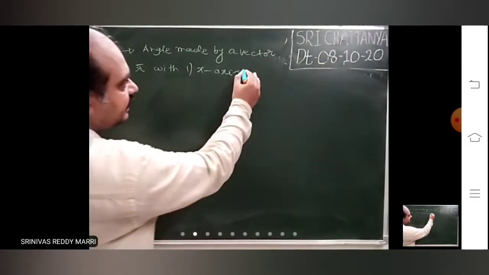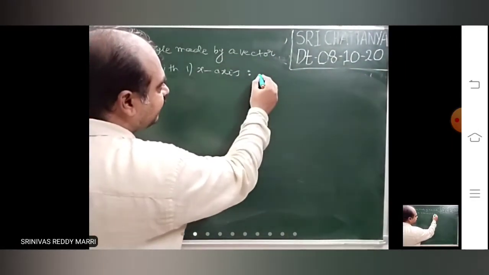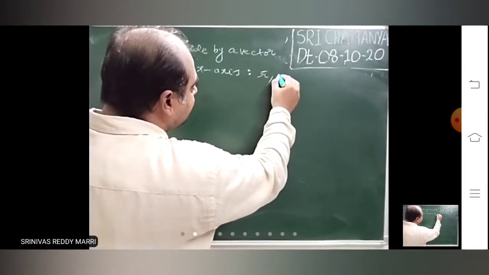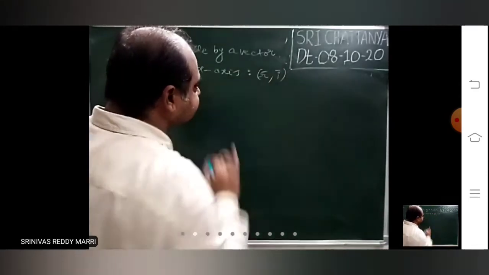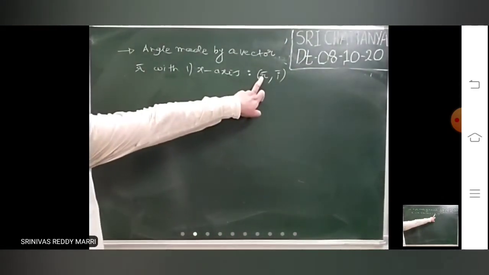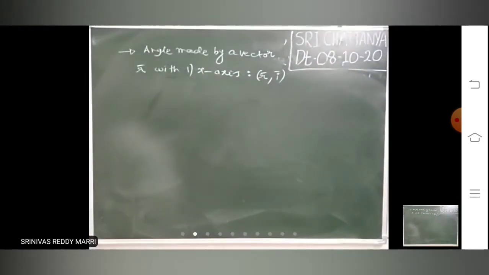X-axis means it is nothing but with OX bar. That means r bar comma I bar. Always x-axis means what? Vector is I bar. Angle between r bar and I bar.